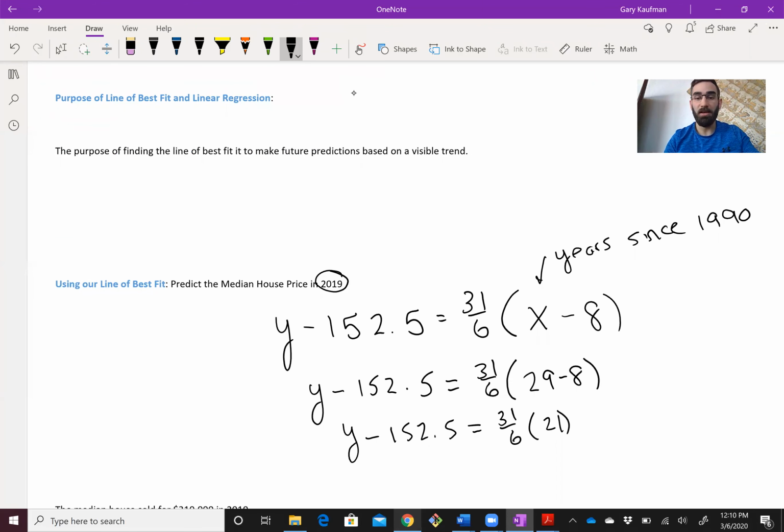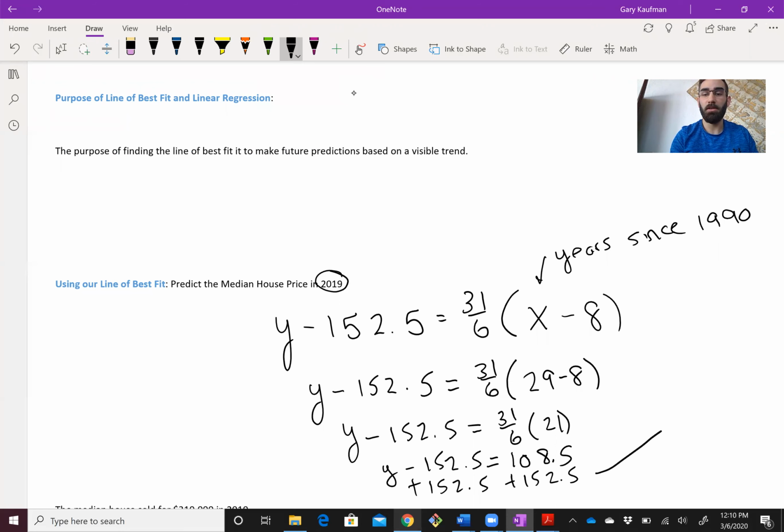This is where you can use a calculator. You should be using a calculator. I'm getting mine out right now. So I'm going to do 31.6 times 21, and I'm going to get y minus 152.5 equals 108.5.